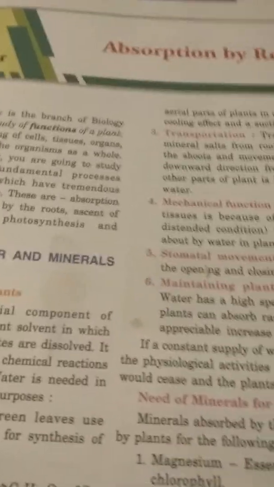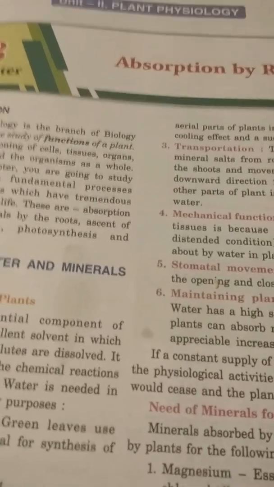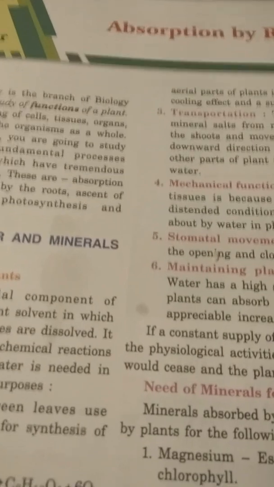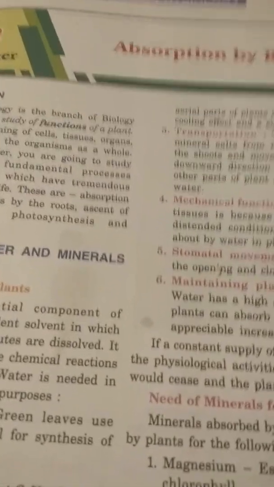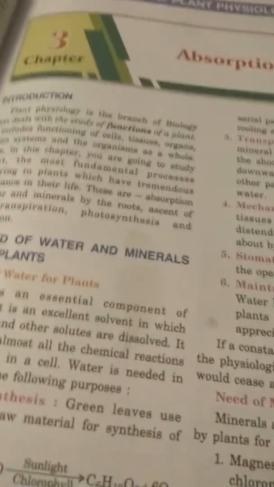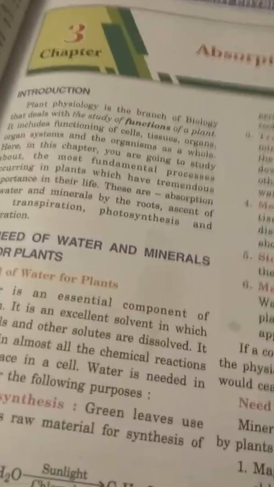All the substances travel from one end of the plant to the other end in solution form. For example, the minerals, the salts that are being absorbed by the roots, get dissolved in water to form a solution, and then they are carried in solution form from roots to the upper parts of the plant up to leaves. So water is required to dissolve those minerals and salts.